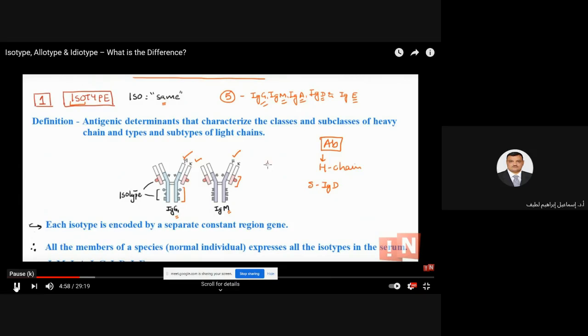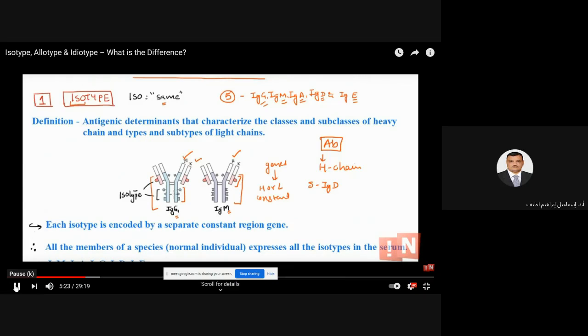You have specific genes that code for that particular type of heavy or light chain. Okay, and to be more specific, we are talking about the constant region. These sequences are present in the constant region of heavy or light chain, right?